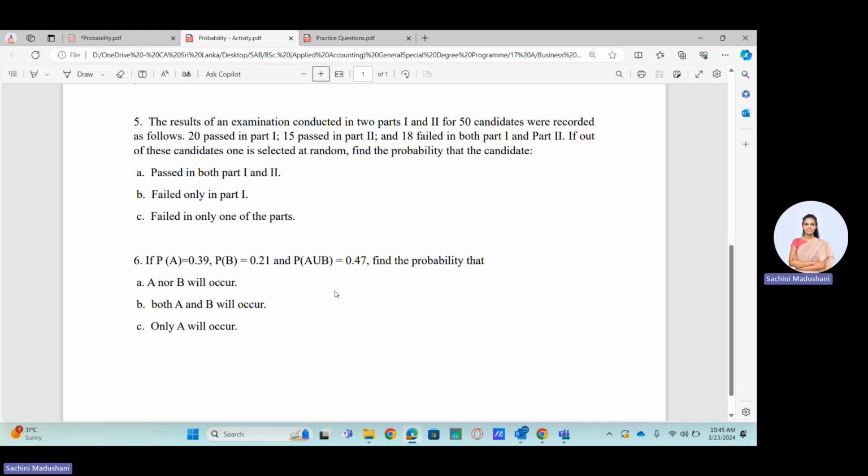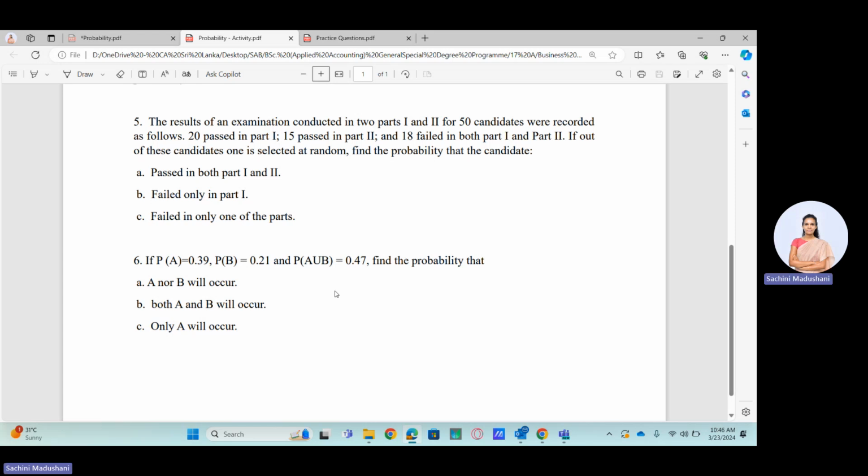This one says 18 failed, so these 18 students are not included in the union.